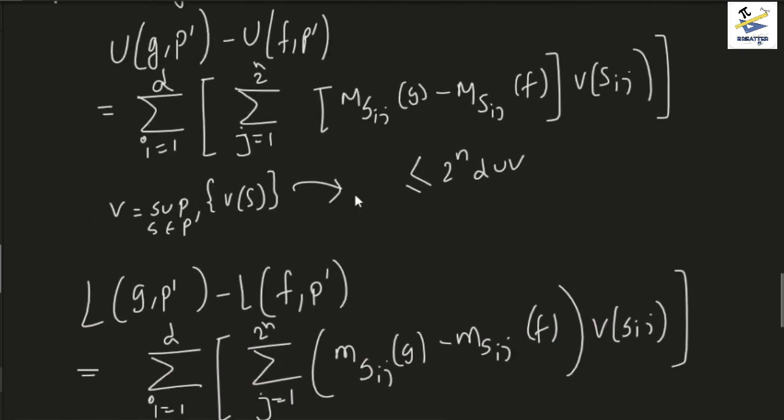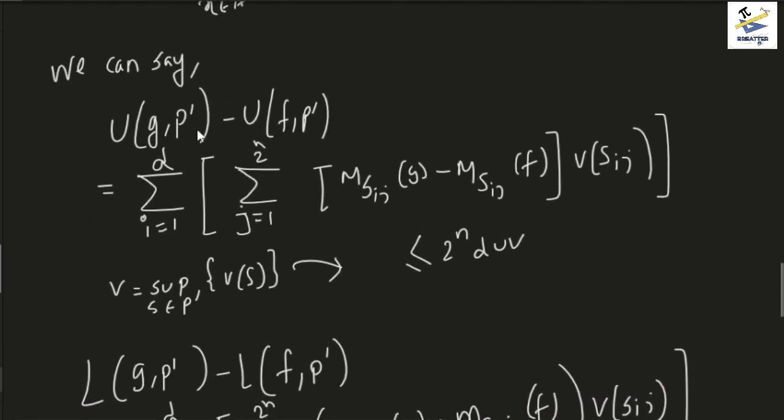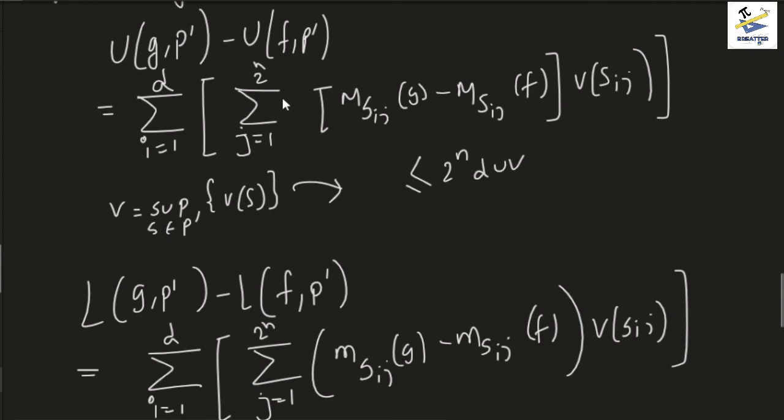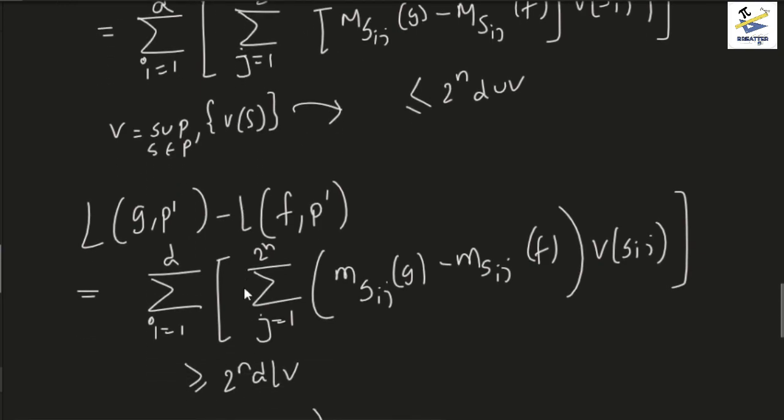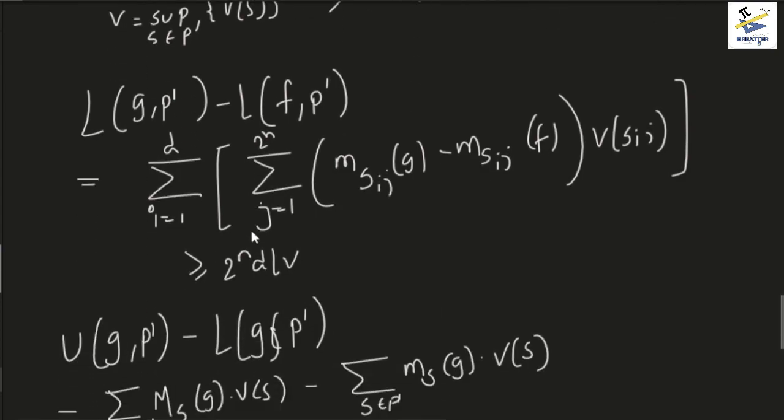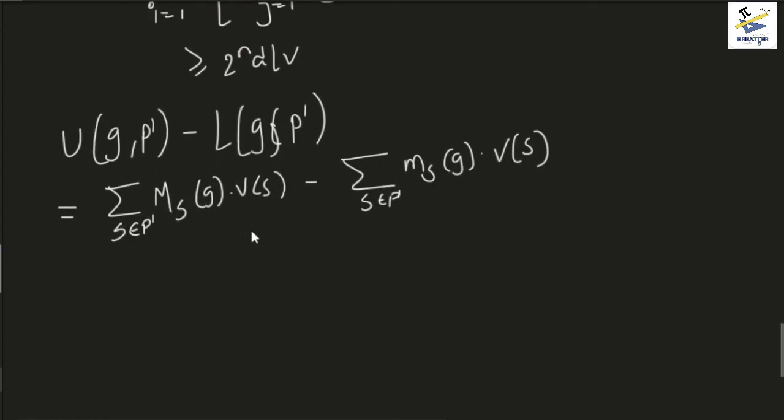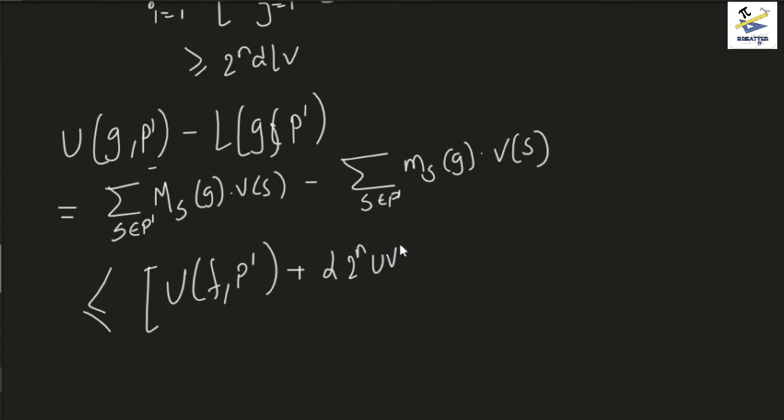And from these above two, what we can see is that u of g comma P prime minus u of f comma P prime is less than or equal to this, and this is less than or equal to this. So u of g comma P prime is less than or equal to u of f comma P prime plus d into 2 to the power n into uv.